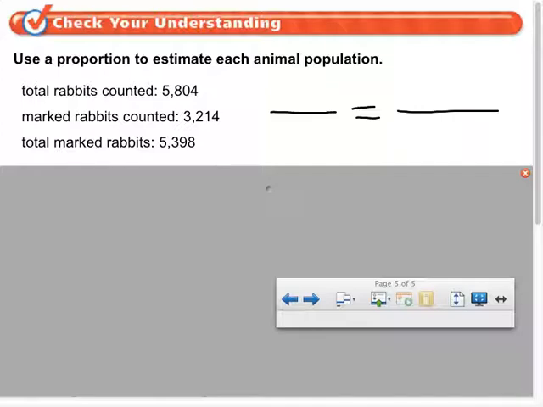Set it up. What's it going to be? Who can set up the proportion for me? McKinley, can you set up the proportion?